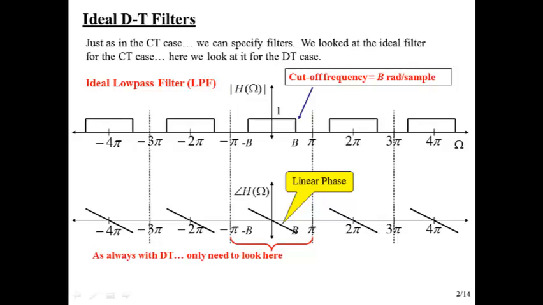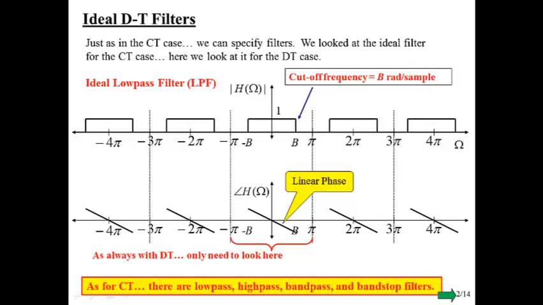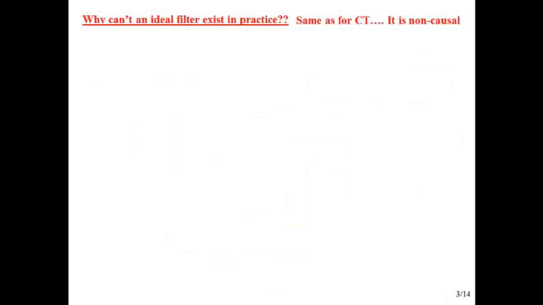And as always, we only need to look at the minus pi to pi case. Just like in continuous time, there's low pass, high pass, band pass, and band stop. Those are the four main categories. There are others, but those are the main ones that you'll run up against most often.